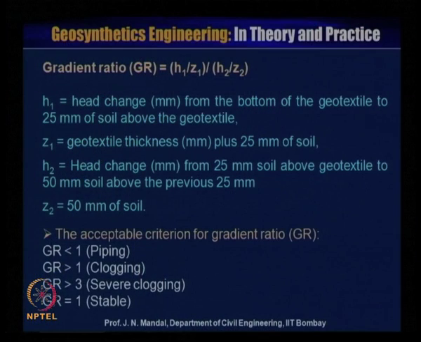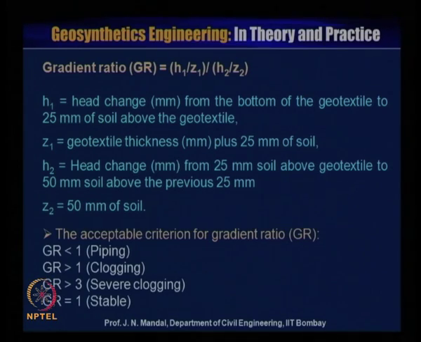Now, this gradient ratio is designated as GR is equal to H1 divided by Z1 divided by H2 by Z2, where H1 is the head change in millimeter from the bottom of the geotextile to 25 millimeter of soil above the geotextile, and Z1 is equal to the geotextile thickness in millimeter plus 25 millimeter of soil, and H2 is the head change in millimeter from 25 millimeter soil above the geotextile to 50 millimeter soil above the previous 25 millimeter, and Z2 is equal to 50 millimeter of soil.